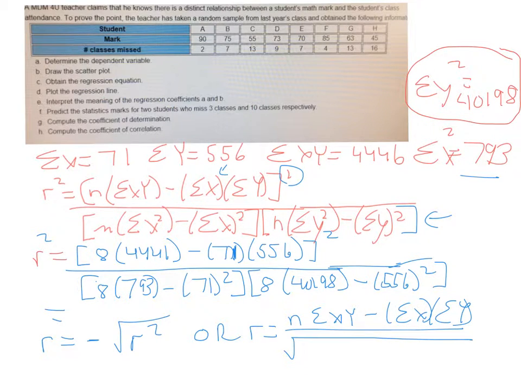And so that takes care of the negative for you, and if you use that formula to find r for your coefficient of correlation each time, you'll always get your signs right. Otherwise, you have to do a little bit of intuitive thinking and decide on your own whether it's negative or positive, and then just simply take the square root of whatever you got for r squared over here.